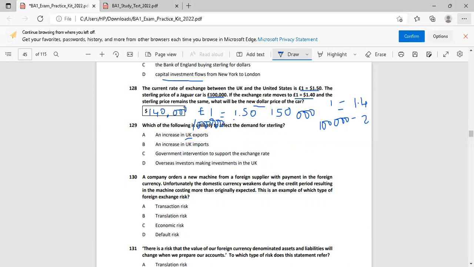See, an increase in the UK exports means demand for sterling, so they would be receiving sterling. When they import, they will have to pay in sterling.